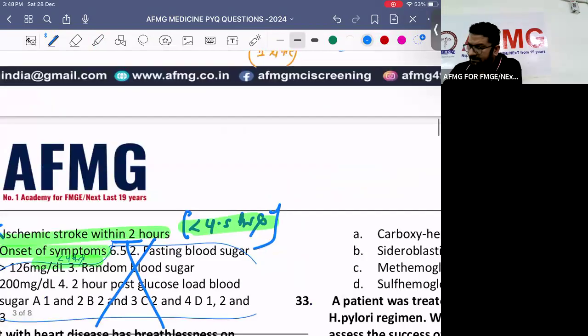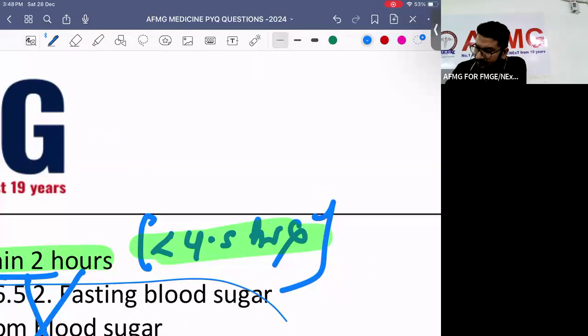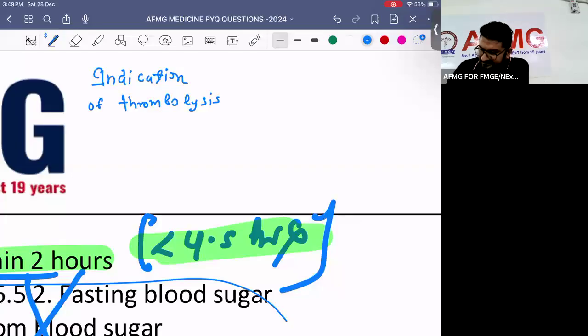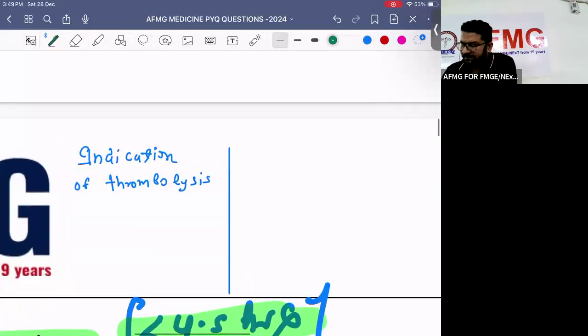So in a nutshell, what we should remember, what are the indication of doing thrombolysis? बताओ क्या क्या indication है? When you will do thrombolysis. First indication is patient should come to you in less than 4.5 hours. Right? Onset से 4.5 घंटे में आना चाहिए.